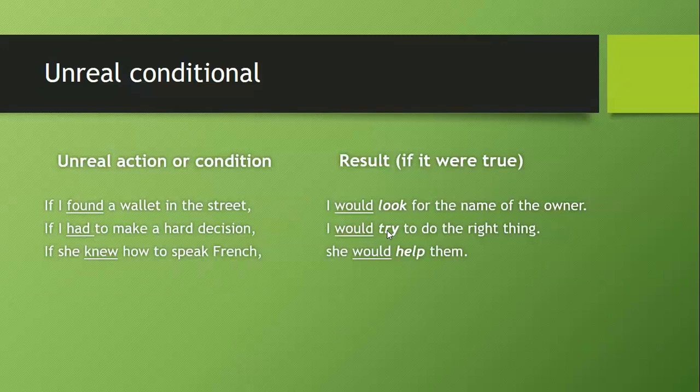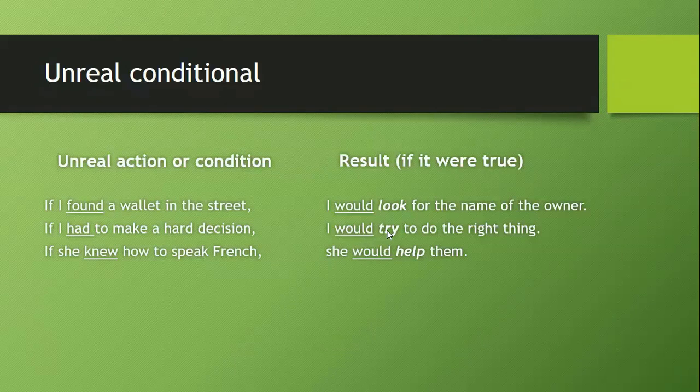Okay? Here we can check both the unreal and real conditions. Let's see again. If she knew how to speak French, she would help them, right? Then if she knows how to speak French, she will help them. But she does not know how to speak French, then she will not help them, right?